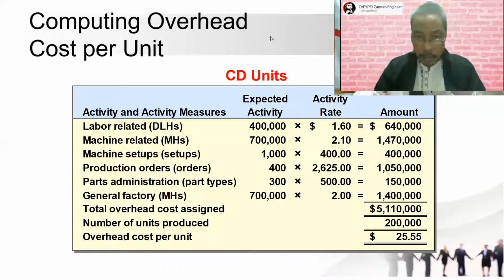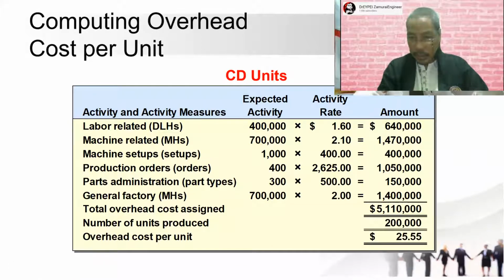Okay. So that is our amount. If you do all of these things up to the last line, which is general factory, man hours, we have 700,000 man hours times $2 per hour. So what will happen is $1.4 million.